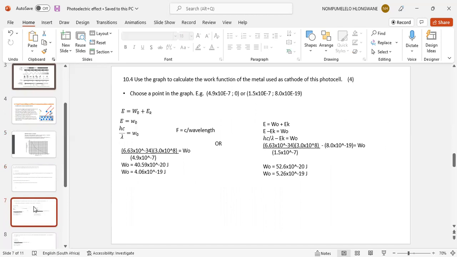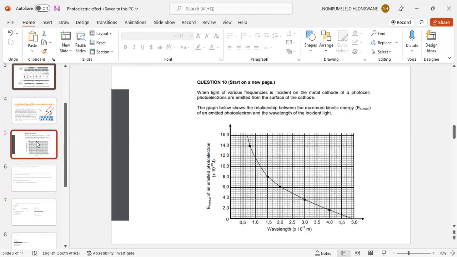The next question says, use the graph to calculate the work function of the metal used as cathode in this photocell. So you're using the graph. When you use a graph, especially when you're going to use points, you want to make sure that you try and find the points that are the most, if not exactly, precise.